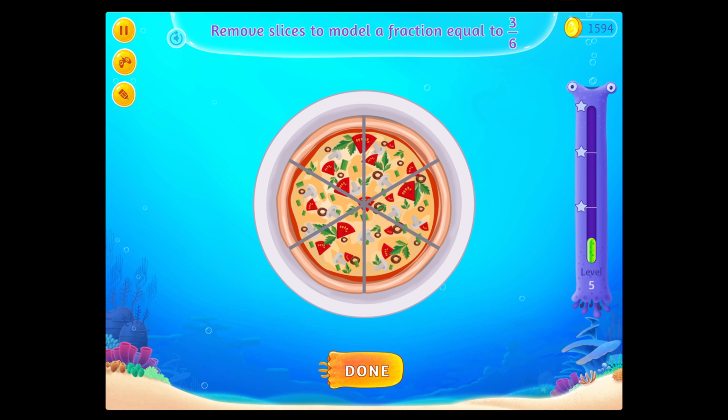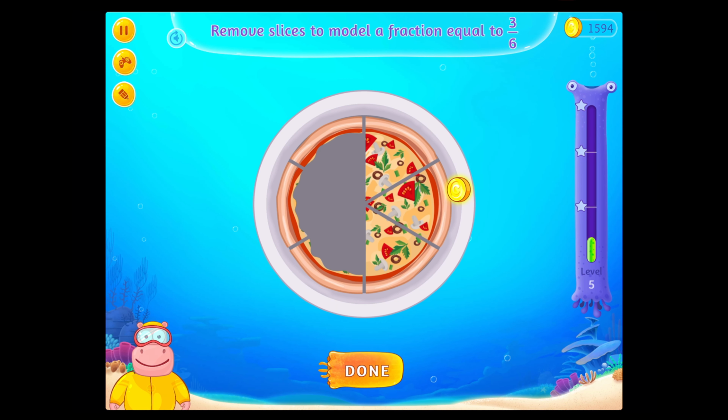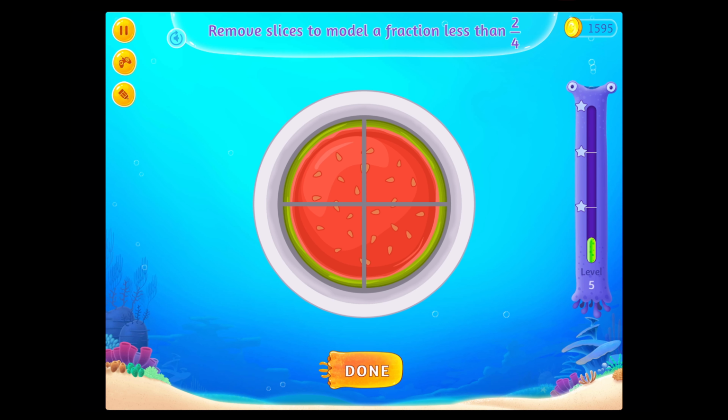Remove slices to model a fraction equal to 3/6. Fabulous! Remove slices to model a fraction less than 2/4. Rockstar!